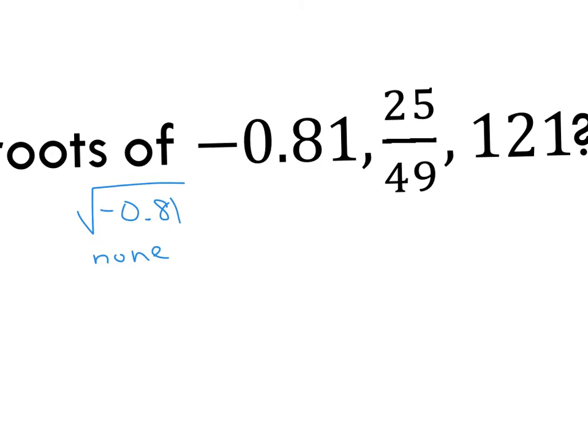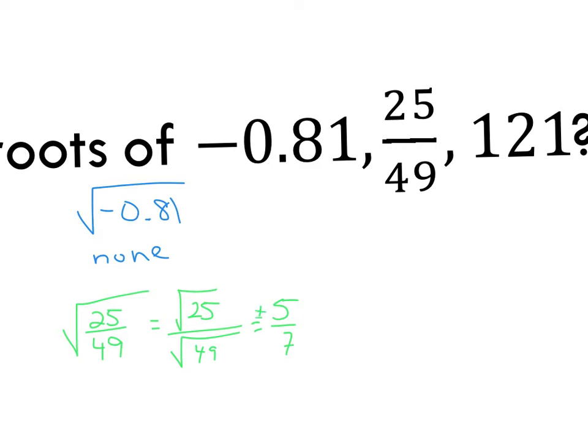For 25 over 49, the square root of 25 over 49 is the square root of 25 over the square root of 49, which is just 5 over 7. And because it's even, you need to put the plus or minus. The reason behind that is because square roots can be positive or negative.